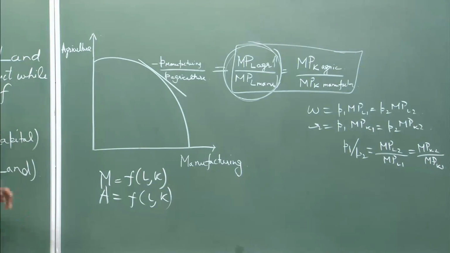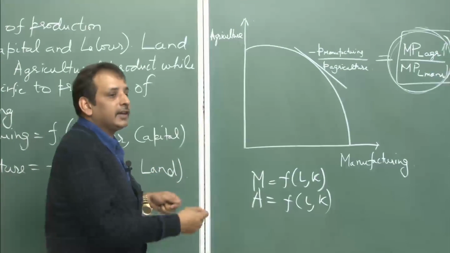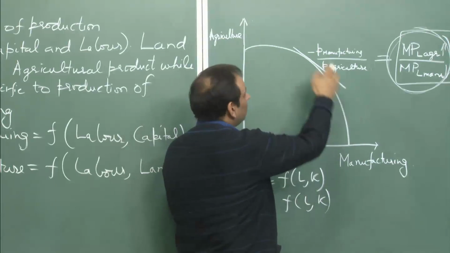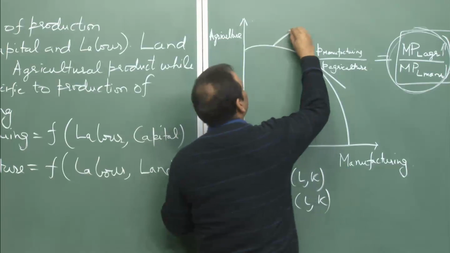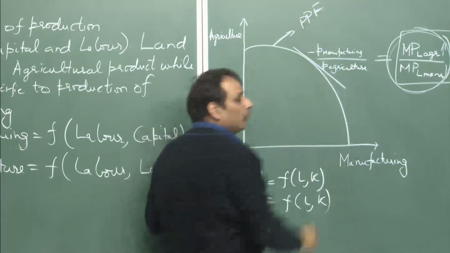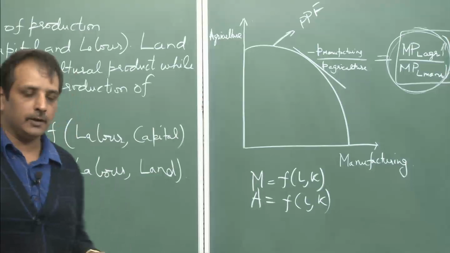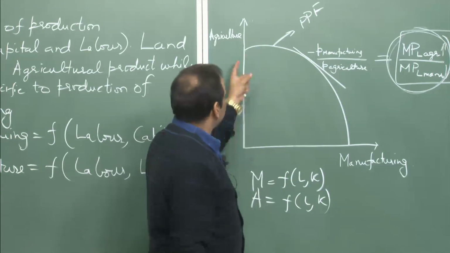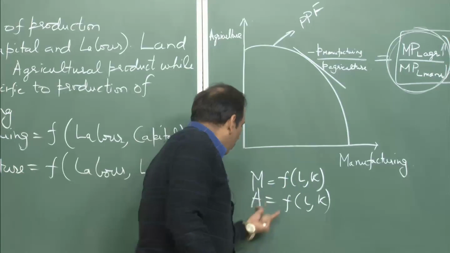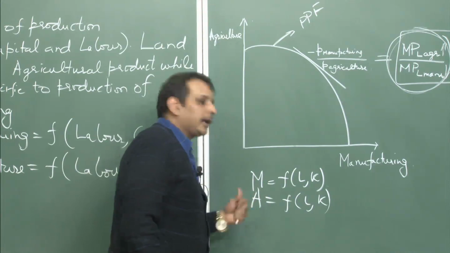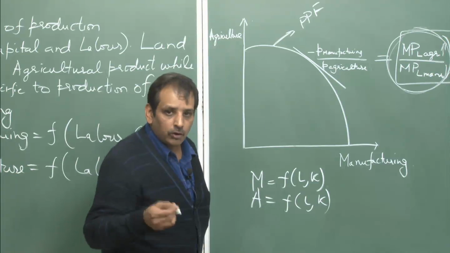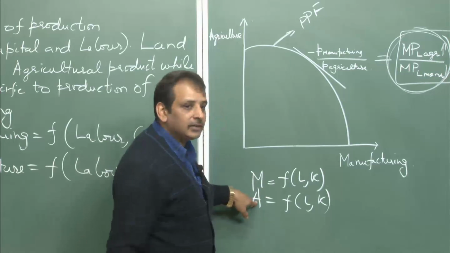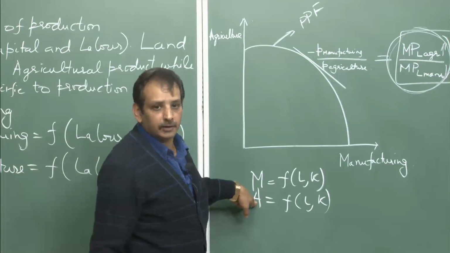Again, it has nothing to do with the specific factor model, only that I want to explain that in that case also you will get a concave shaped PPF. This is a production possibility frontier. Why will you get a concave curve? Because to get this concave curve, you have to say something more about manufacturing and agriculture. That something more is that manufacturing is capital intensive, and agriculture is labor intensive.